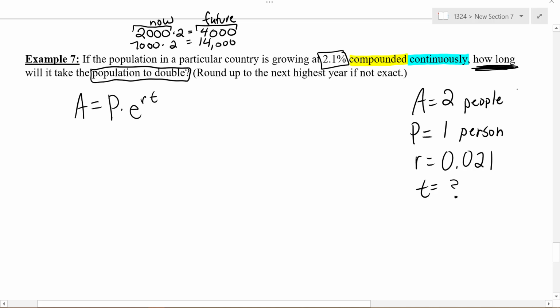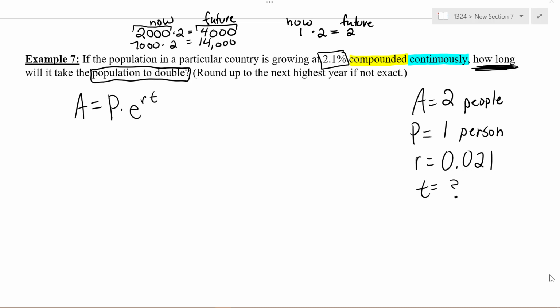So how long will it take the population to double is essentially asking how long will it take every one person to double to become 2 people. So in this case, it does not matter what your current population is or what your future population is exactly. We just want to know how long does it take one person to become 2.